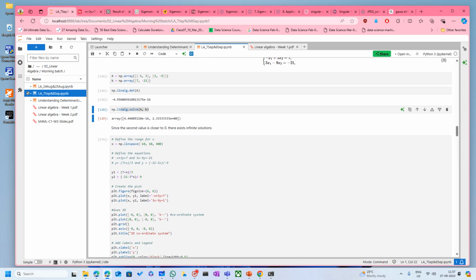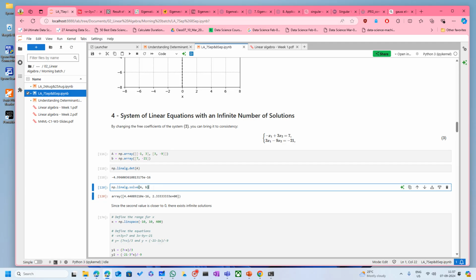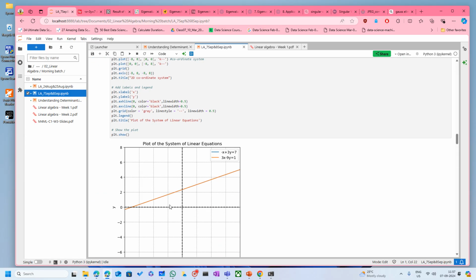So what does it mean for an equation to have infinite solutions? It means one of the equations is coinciding with the other one. It's the same as multiplying the original by a scalar value, minus 3, which means you are stretching the second vector over the first vector.